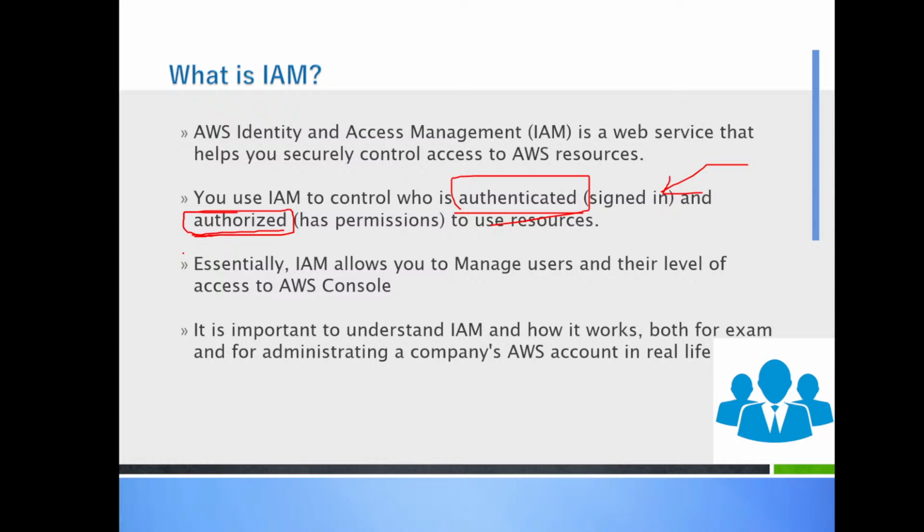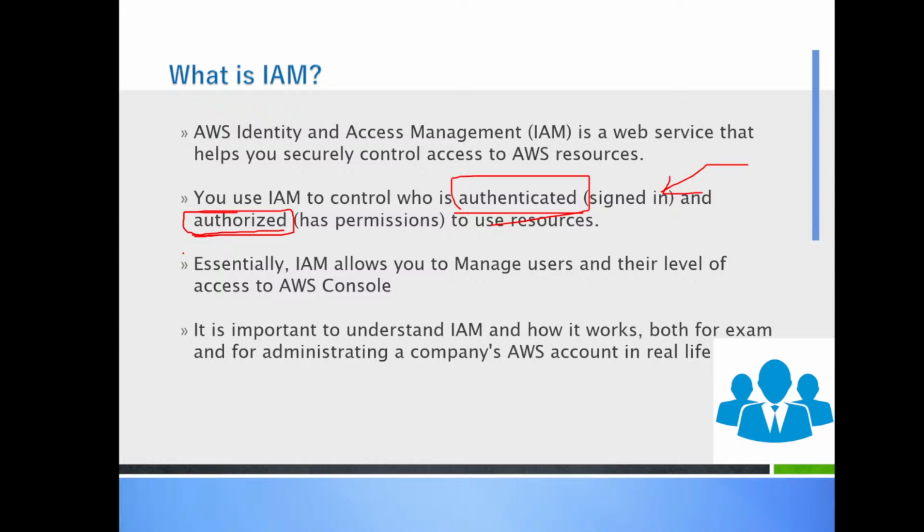Authentication just means that they are allowed to log into your AWS account. As I said, they are allowed to enter the campus. That's the authentication. Authorization means, are you allowed to access any services in your AWS account?